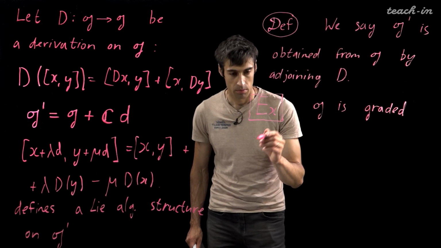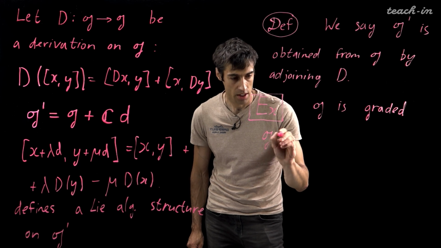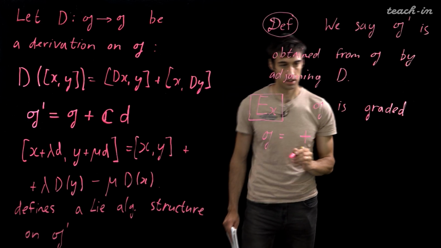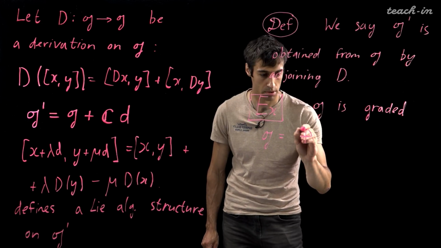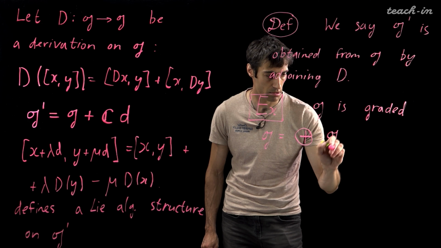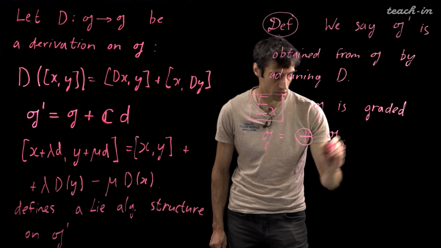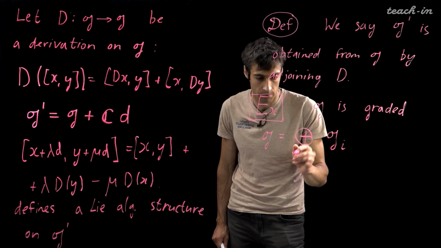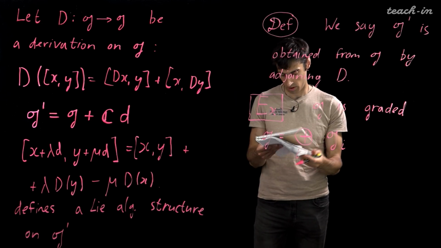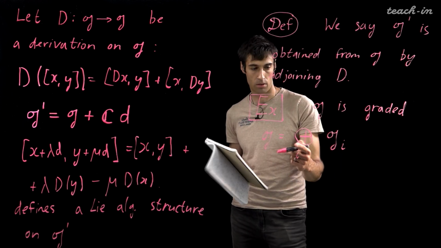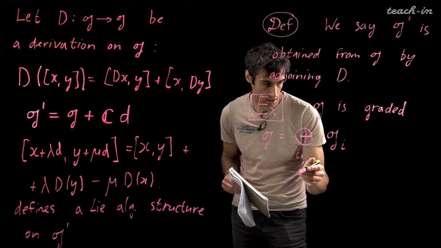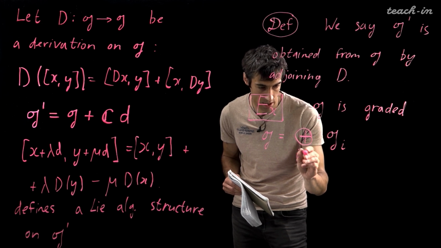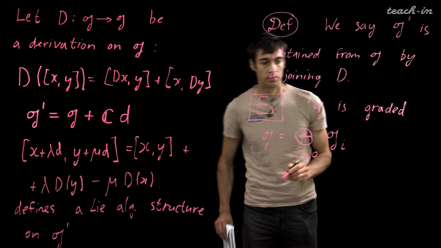What does it mean? It means that G is a direct sum of some subspaces. They are labeled by some indices. Well, in our case, we can just take these indices to run over integers, say, or over all positive integers.